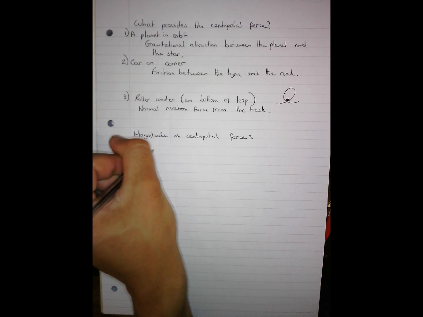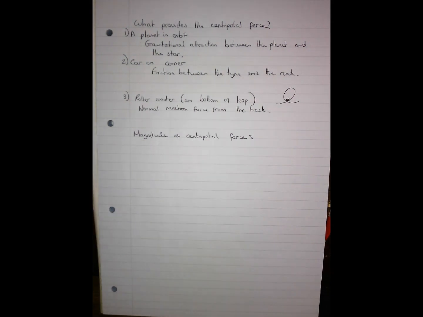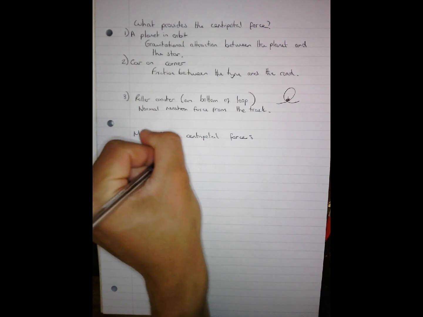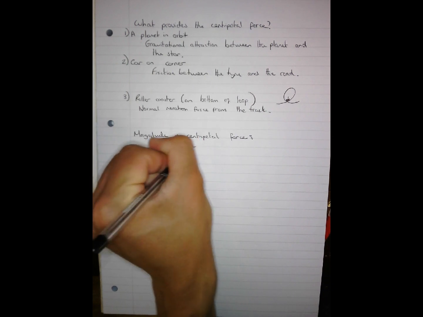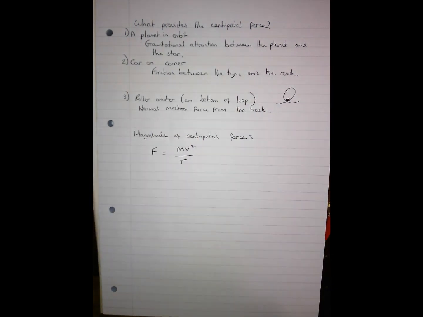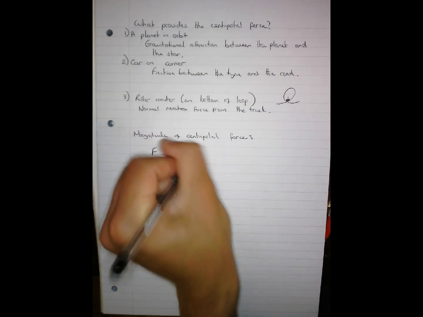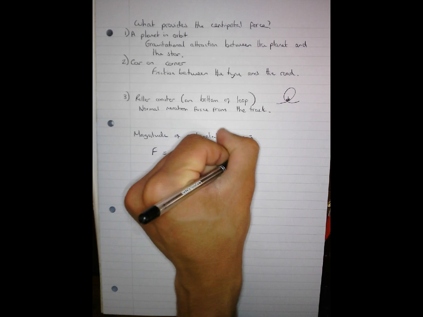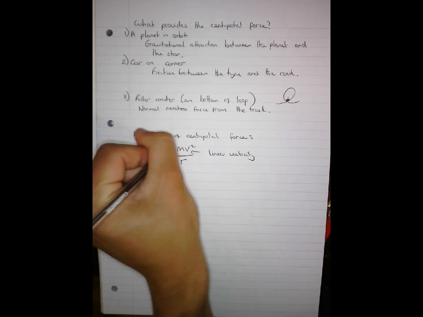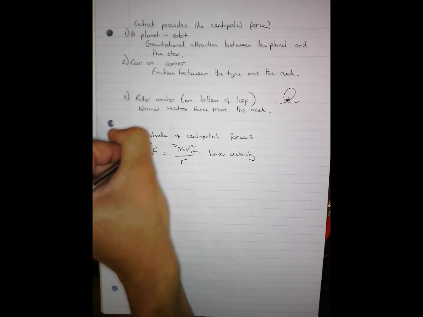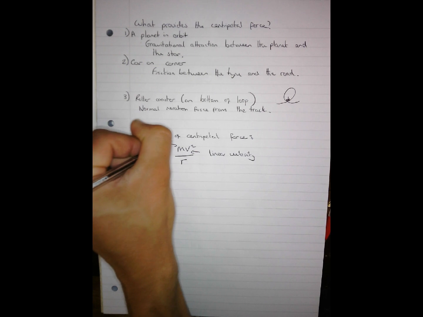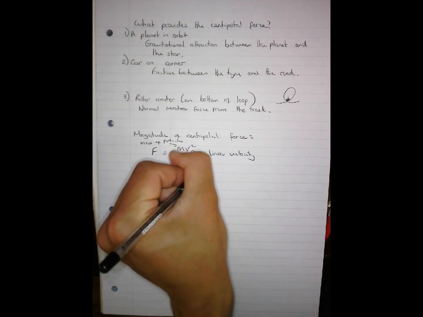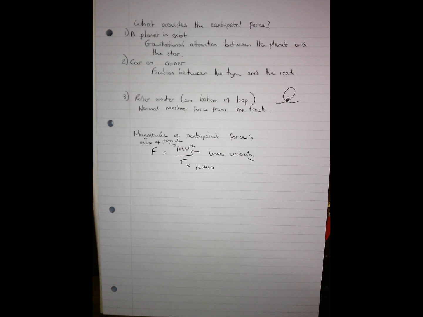There are 2 formulas, and they are equivalent for the magnitude of the centripetal force, and that is F equals mv squared over r. In this case, v is our linear velocity, m is the mass of particle in circular motion, and r is the radius of the path.